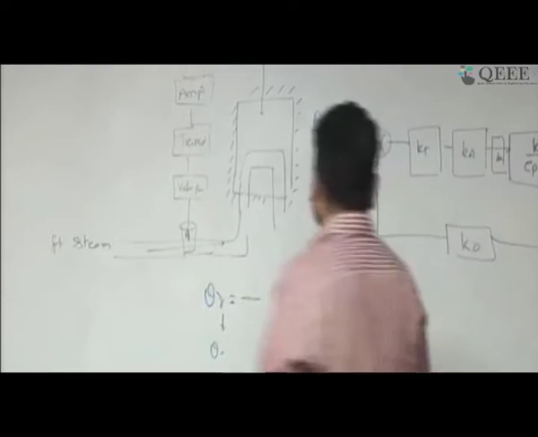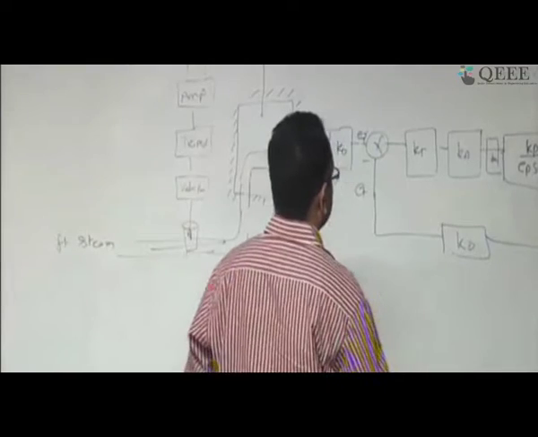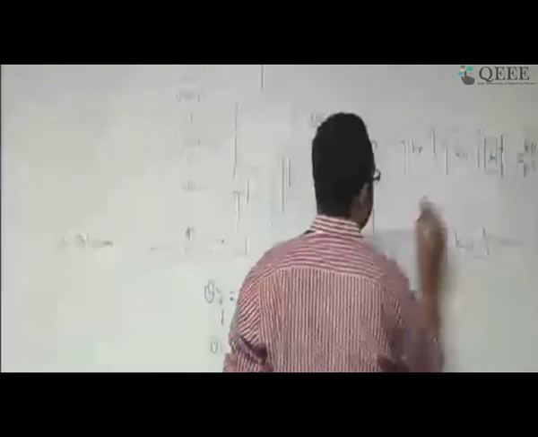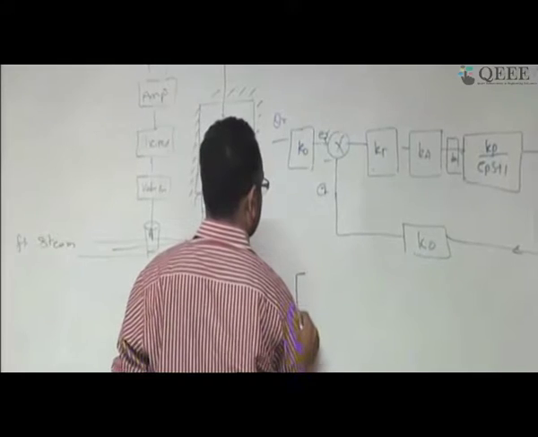Now what we want to do is take this entire thing, Kp, Ka, Kt, Kx, and change it to one constant.